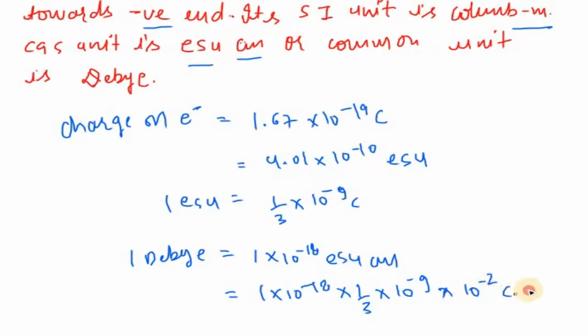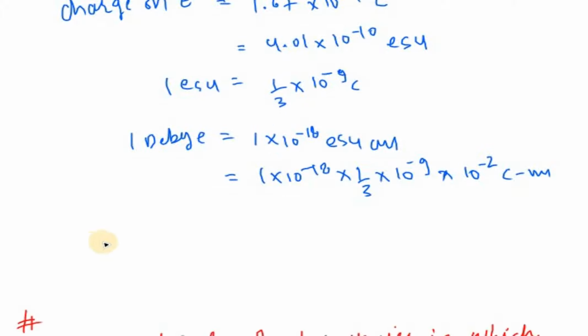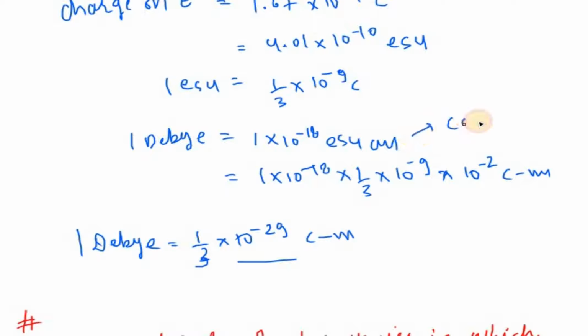After solving this, 1 debye comes out to be 1 by 3 into 10 raised to the power minus 29 coulomb meter. In CGS units it is 10 to the power minus 18 ESU centimeter.